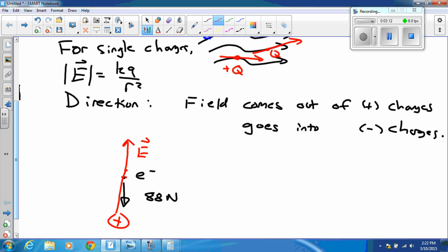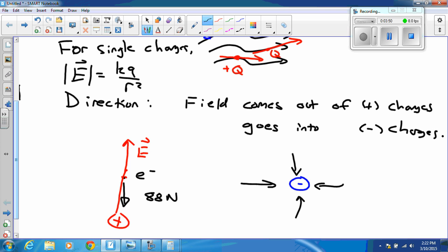Could you ever have an electric field from a negative? When you have a negative charge, that negative charge is going to generate electric field that goes into it, not outward. So how do you know what your field is? How do you know whether it's that one or that one in a problem?